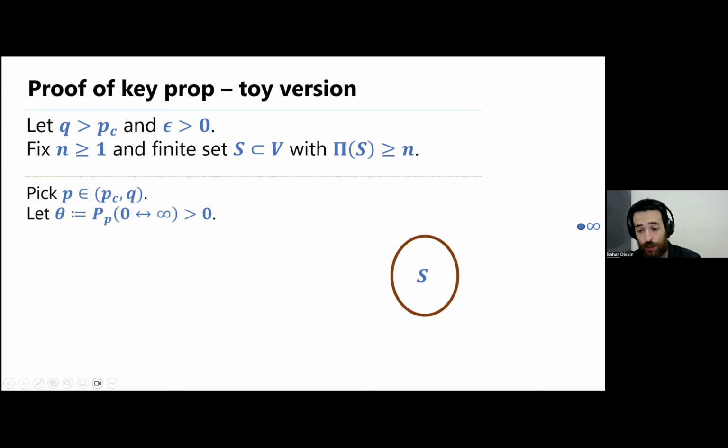So either it goes immediately to infinity, or it first hits S and then eventually manages to go to infinity. So every vertex has probability at least theta over 2 to either go to infinity or to go to S. This I know about every single vertex outside of S.